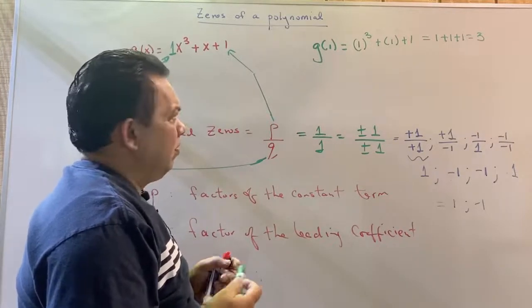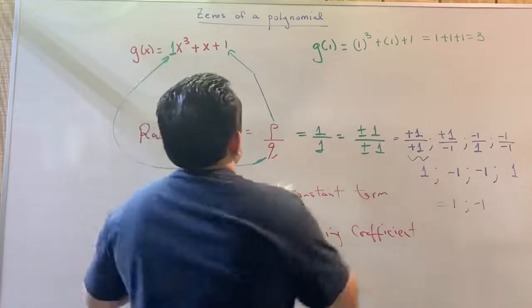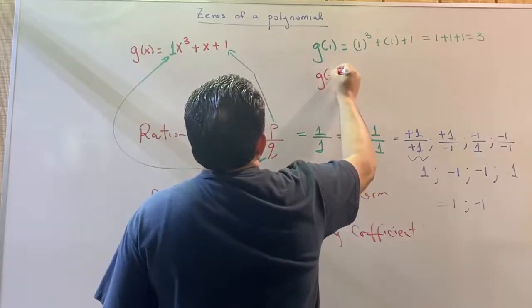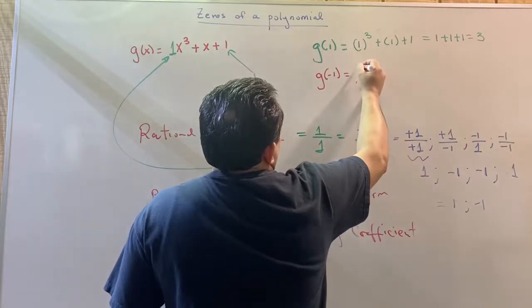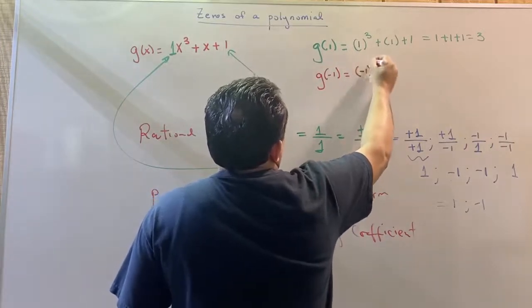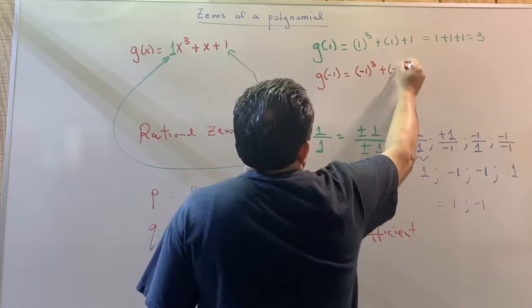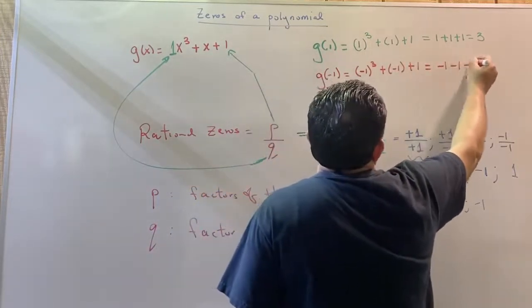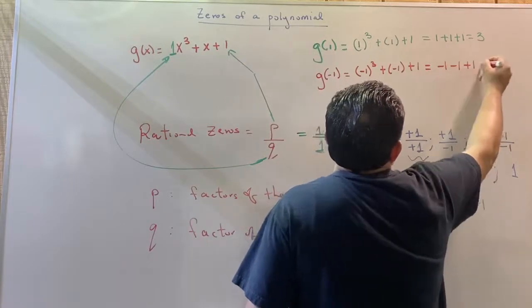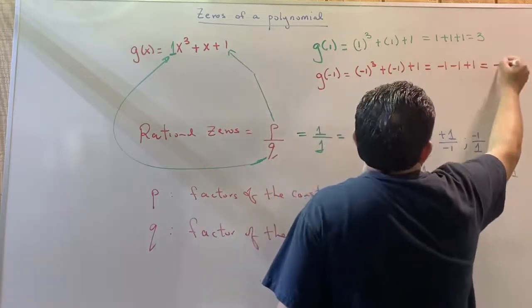What happens if we try g of negative 1? Well, this becomes negative 1 cubed plus a negative 1 plus 1, which becomes negative 1 minus 1 plus 1, which is equal to negative 2 plus 1, negative 1.